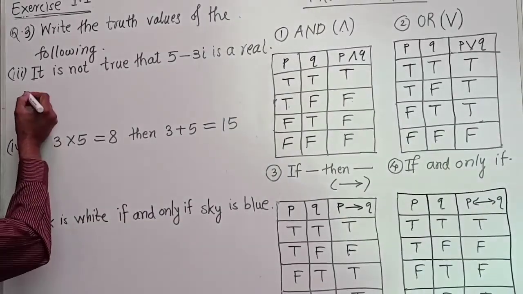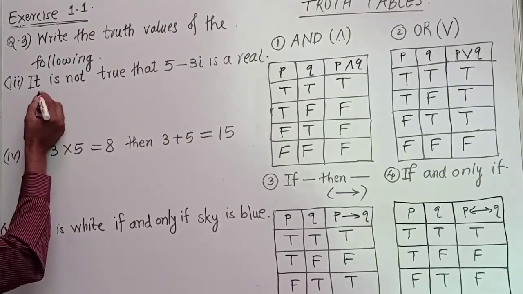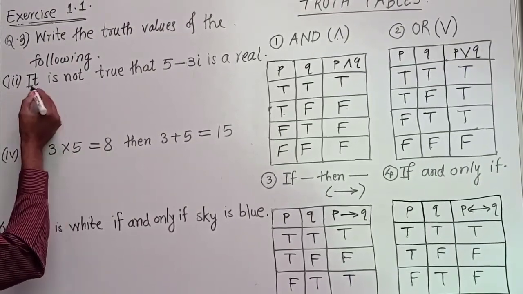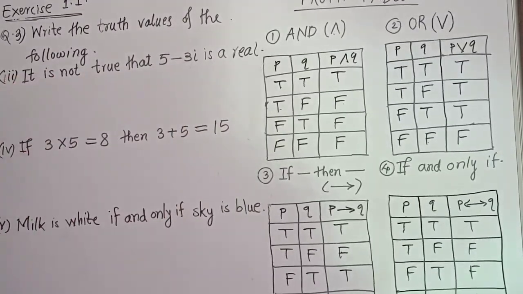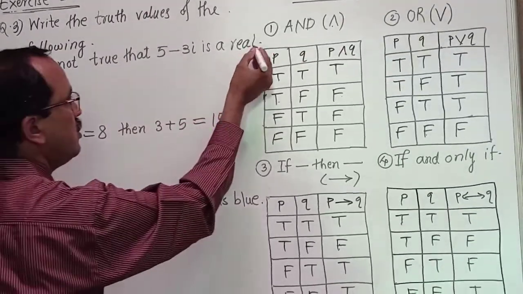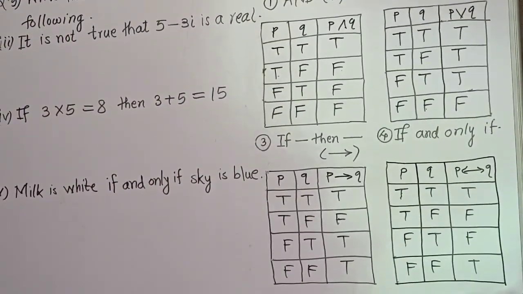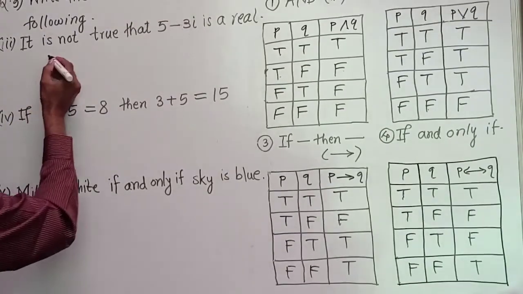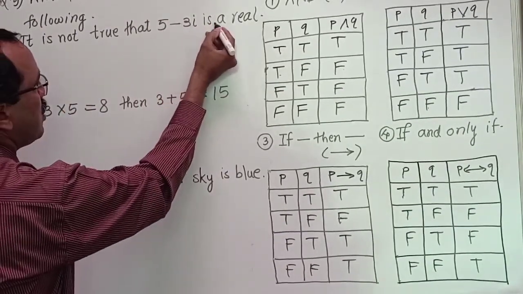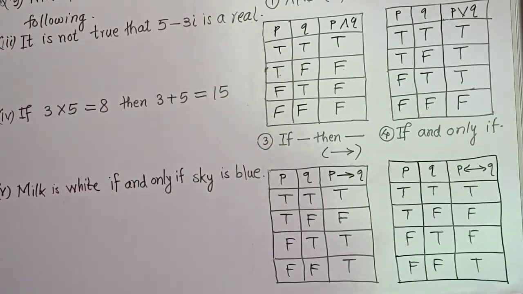Now we solve another example in question number 3. The statement is, it is not true that 5 minus 3i is a real number. It is a negation statement or not statement. Given that 5 minus 3i is a real number, but it is not true.